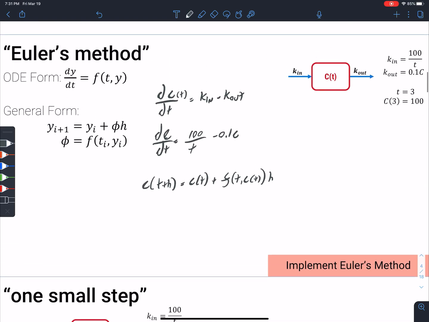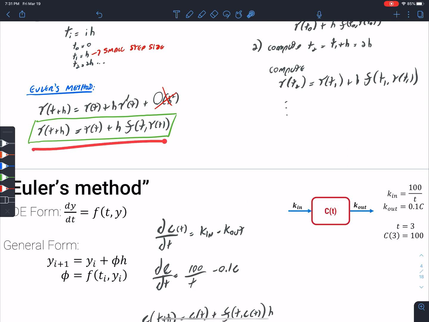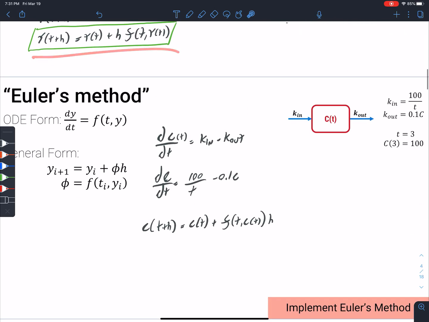One thing that I forgot to discuss here is this notation. Euler's method is given over here, but oftentimes you'll see it written in this form. This form is essentially the same thing. We're just calling it a phi and plugging in a phi here.